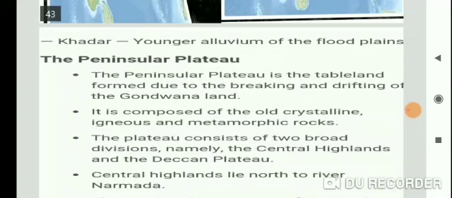The plateau consists of two broad divisions, namely the Central Highland and the Deccan Plateau. The Central Highland is the part lying north of the Narmada river, which covers most of the Malwa Plateau.